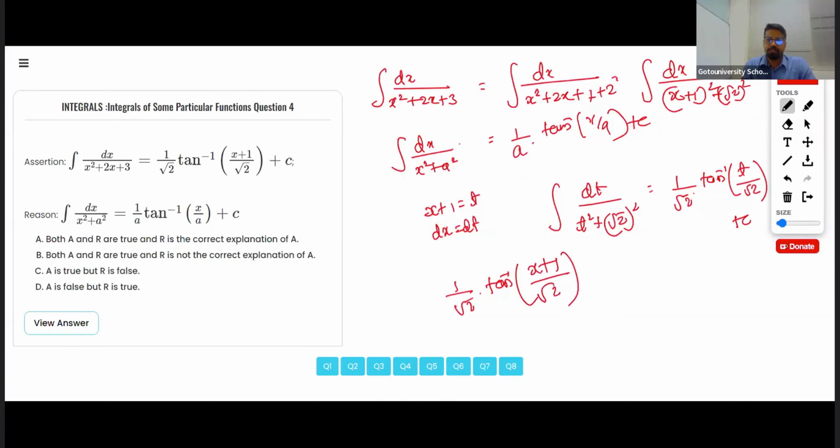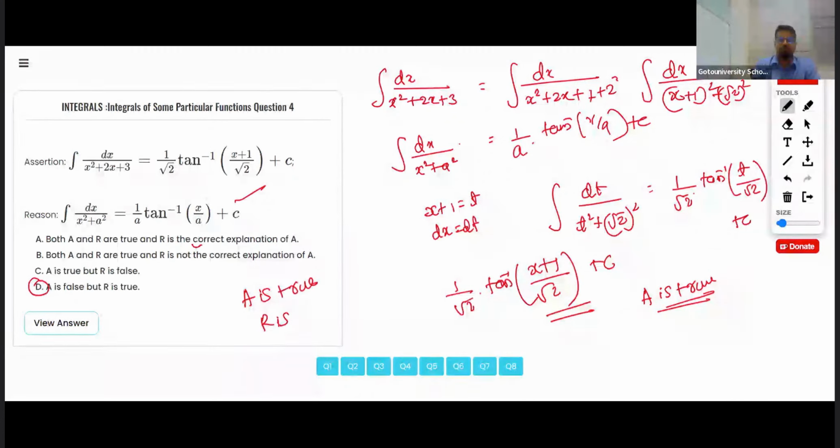In the place of a, it is root 2, plus c. Am I right? So is the assertion true or not? Assertion is true. If the assertion is true, obviously option D is ruled out. What about the reasoning? The reason given is nothing but this. So assertion is true, and R is the right explanation of A, which is option A.